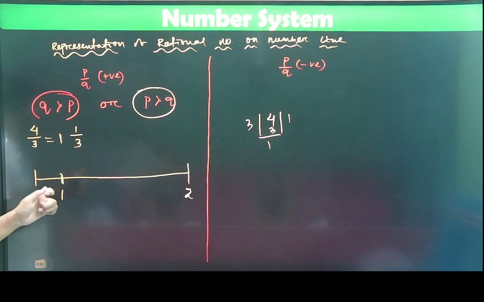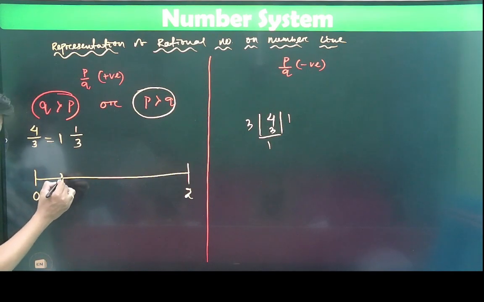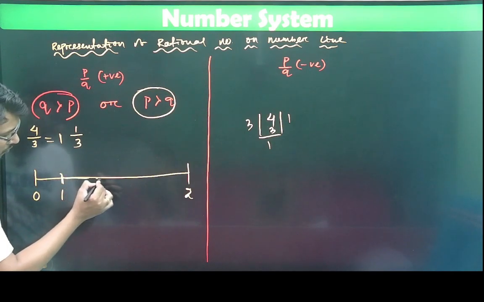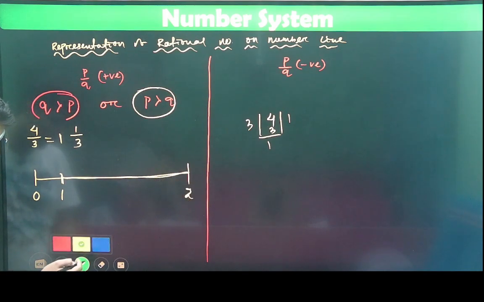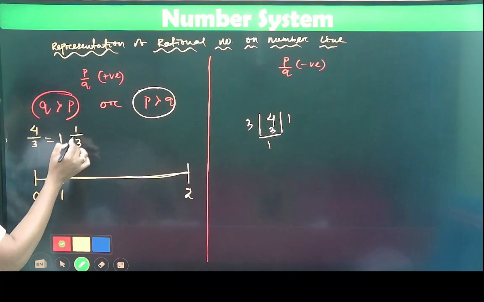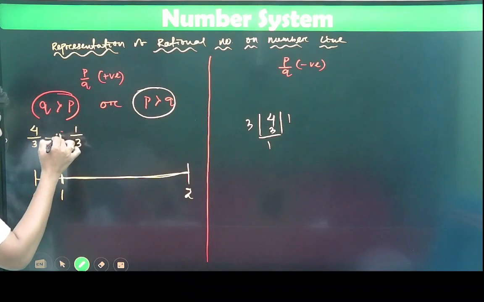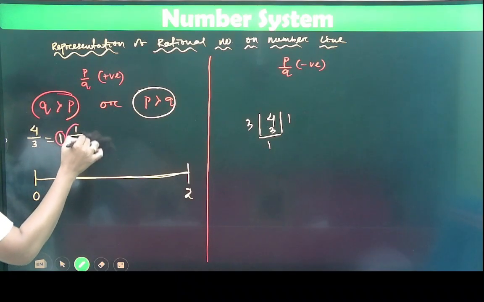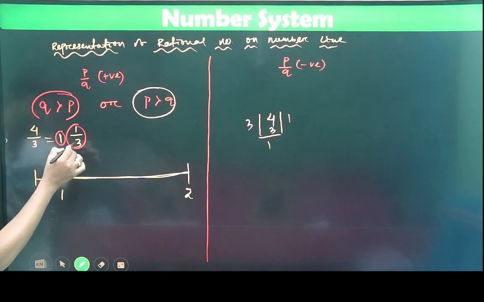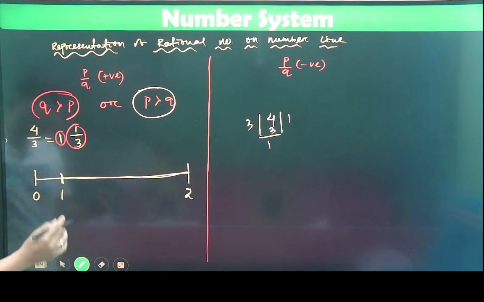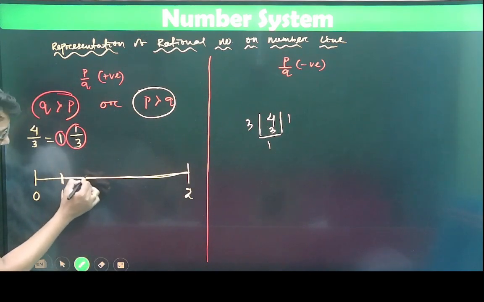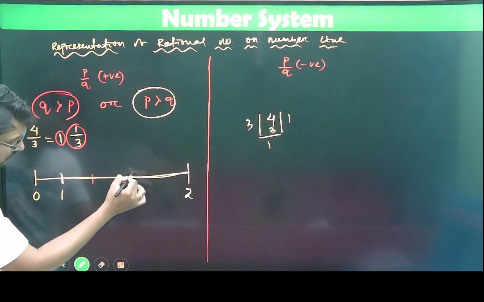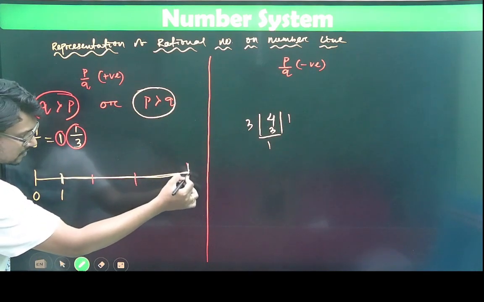So we divide 1 and 2 into equal parts. This is the whole number part, this is the proper fraction part. In the fractional part, whatever the denominator, we divide 1 to 2 into that same number of parts. How many parts? 3 parts. 1, 2, and this is the third part.